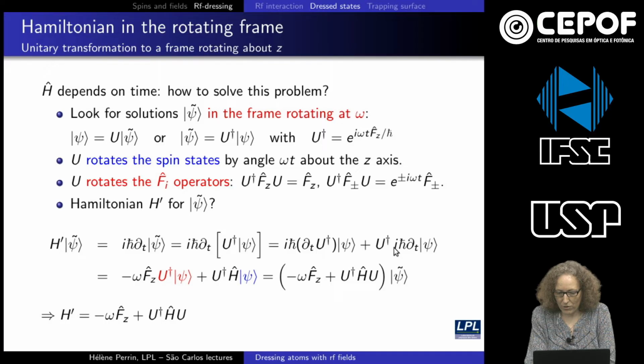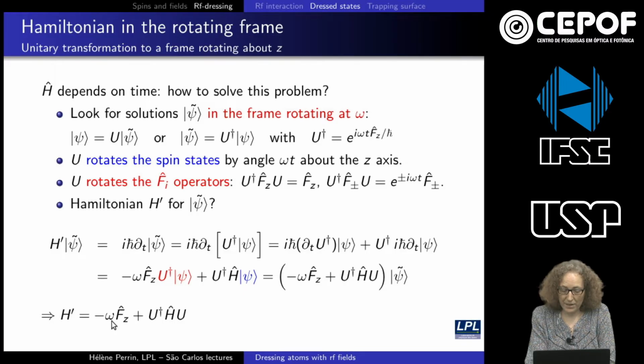And now the other one, i h bar times the time derivative of psi, is by definition the Hamiltonian applied on psi. So we have here U dagger, the initial Hamiltonian applied on psi. Now if I remember that U dagger psi is just psi tilde, I introduce psi tilde here, and that psi is equal to U psi tilde, I can write everything as a function of psi tilde, and I get that H prime psi tilde is minus omega Fz plus U dagger H U applied on psi tilde.